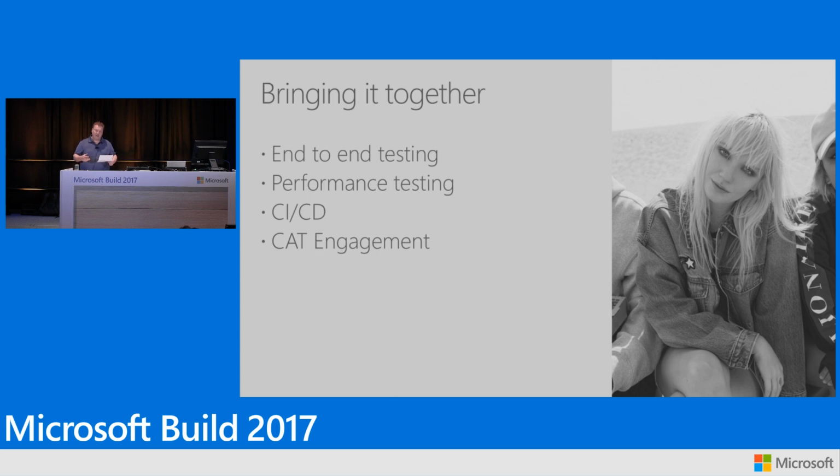So to solve this, we established a central QA function, and their responsibility was to build a lightweight end-to-end test pack, which did both functional and performance testing, and continuously execute this so we'd know exactly what state we're in at all times. To support this, they triage these defects and work closely with the teams, so the teams understand the priorities and how to reproduce them. What's become clear is this team works so well for us, they've now become a permanent fixture at ASOS, and they now look after our path to live.